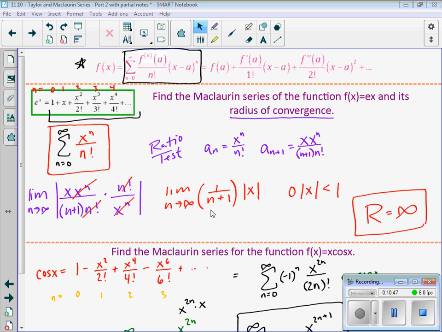And then you cancel it out. We end up with this, which goes to 0. 0 times anything is always going to be less than 1, so your radius is infinite. It doesn't matter what that value is. It's always going to be less than 1. So a lot of these will probably end up with a radius of infinite, but that doesn't mean it's always going to be an infinite radius.